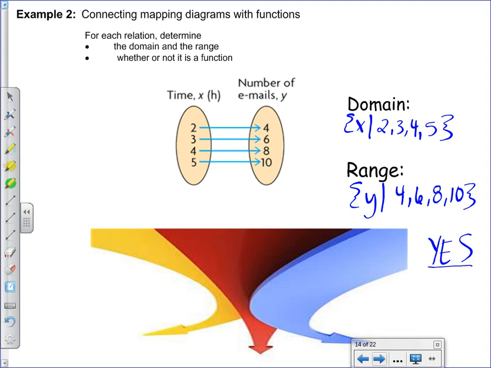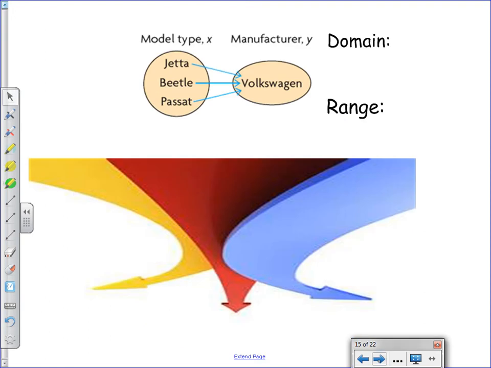Okay, so anyway, what is it? Domain: x such that... What is my domain here? Jetta?